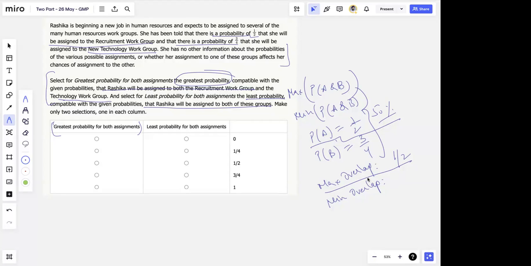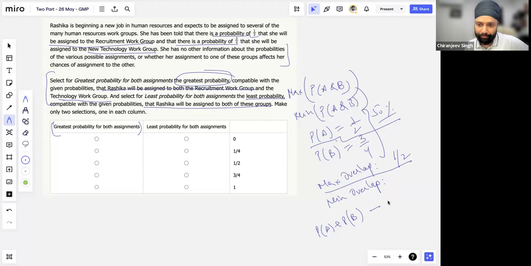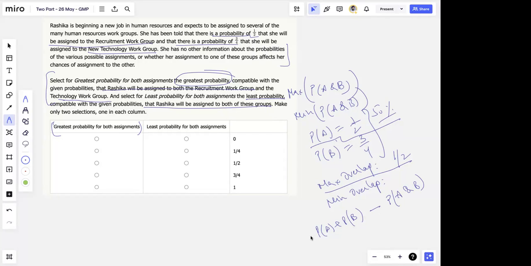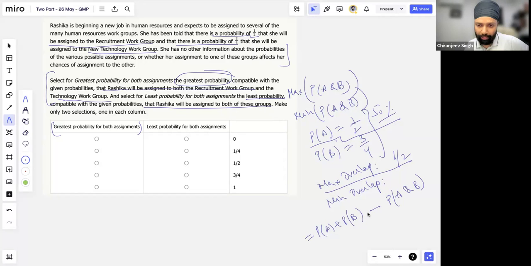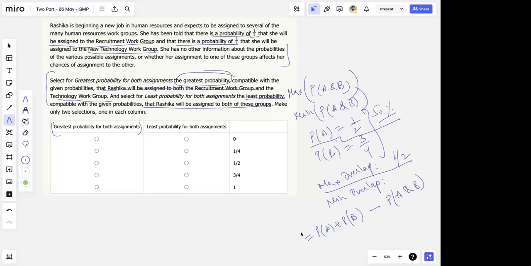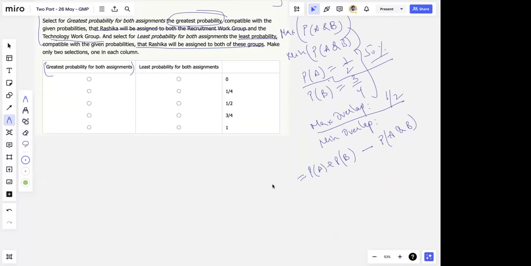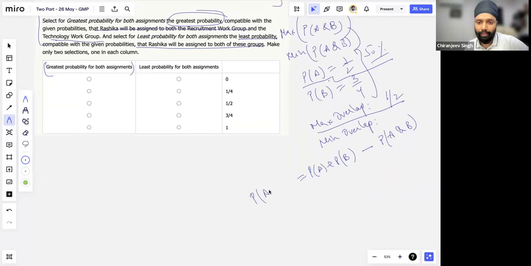P of A plus P of B minus P of A and B. A and B is what we need to find. So basically, P of A is 1/2. This is equal to the probability of A or B.